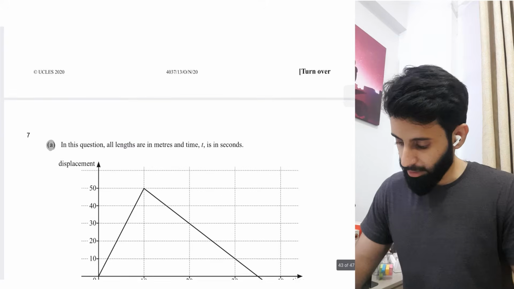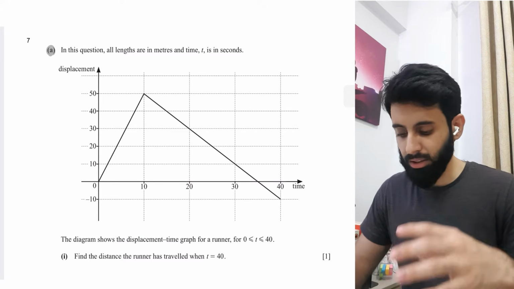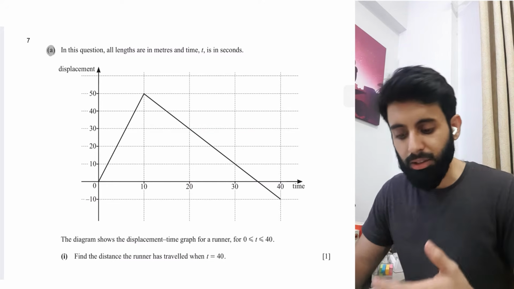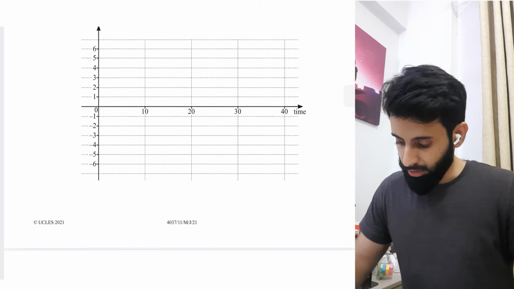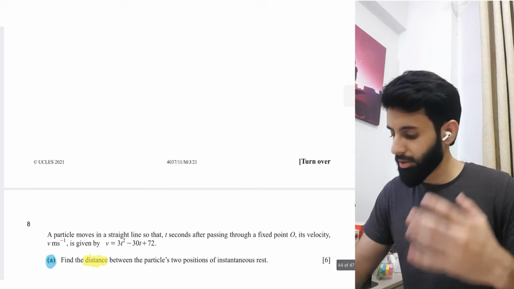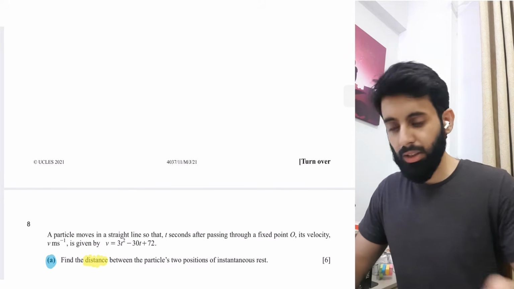I've highlighted most of the parts with a certain color, which basically refers to what concept is being tested in this particular question. That was just the intro, and now we're going to get to some past paper questions which I would like to solve with you guys in detail.